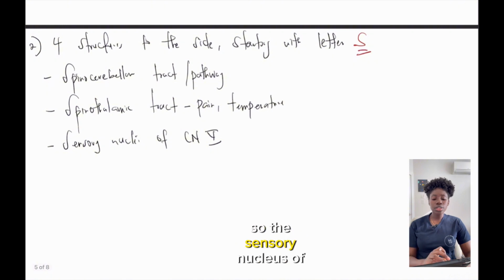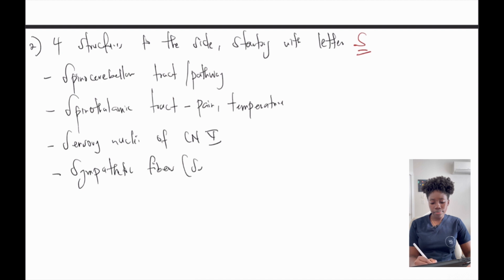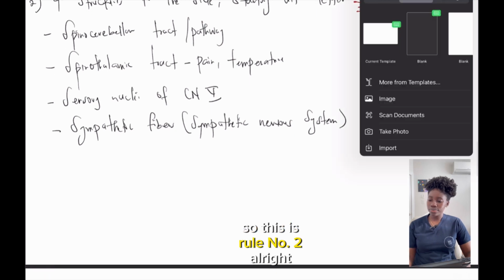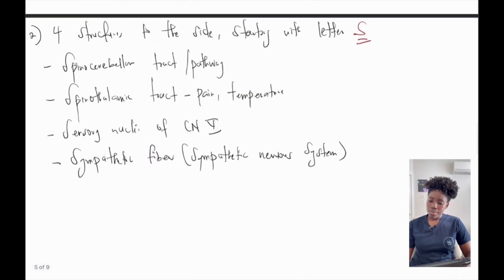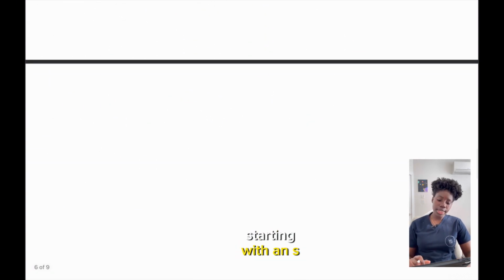All right. So the sensory nuclei of cranial nerve 5 is to the side. And the fourth structure, starting with the letter S, is sympathetic fibers of the sympathetic nervous system. So this is rule number 2, all right? So rule number 2 is 4 structures to the side, starting with letter S.